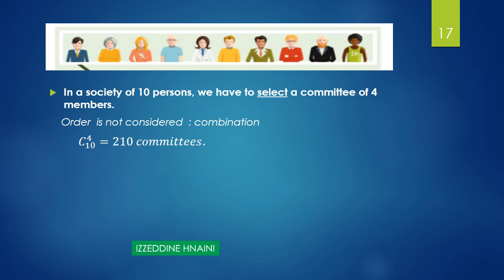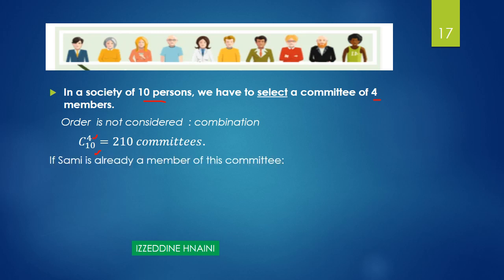The order is not important in forming the committee. So we use the combination C 4, 10, because we have 4 members in the committee, and 10 because the total number is 10. We get 210 committees.